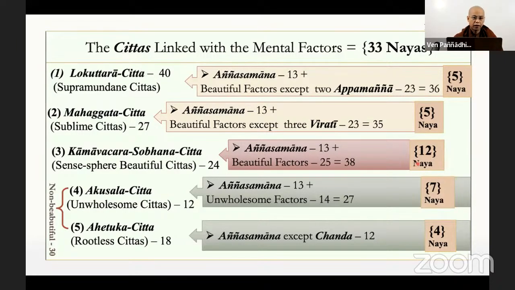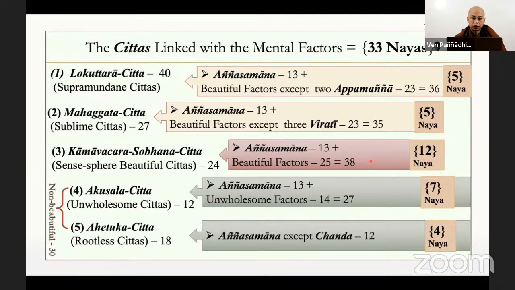If Asankharika and Sasankharika were different, it would be 24, the same as the number of the consciousness. In this case, the variable mental factors, Thina and Middha, cannot be associated with either Asankharika or Sasankharika, because this is the beautiful case.